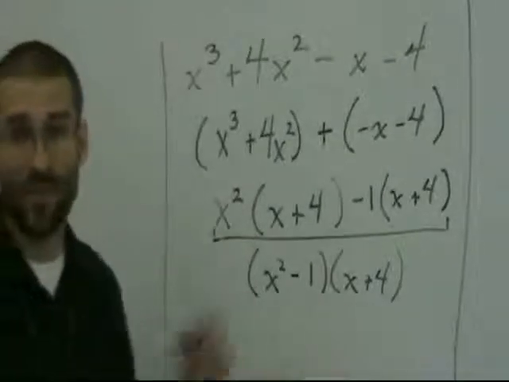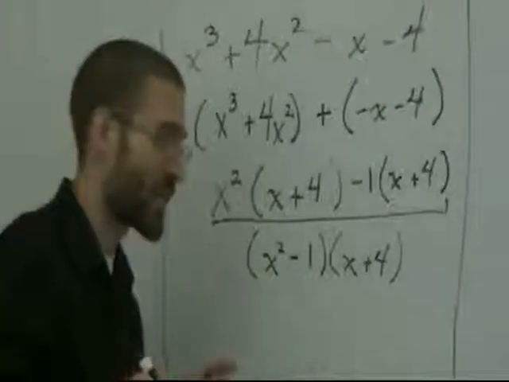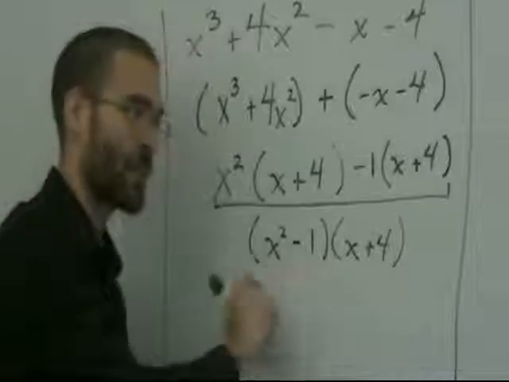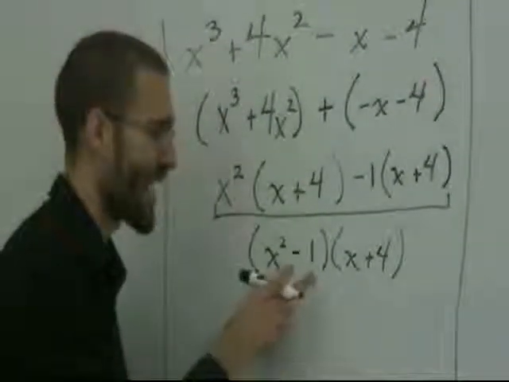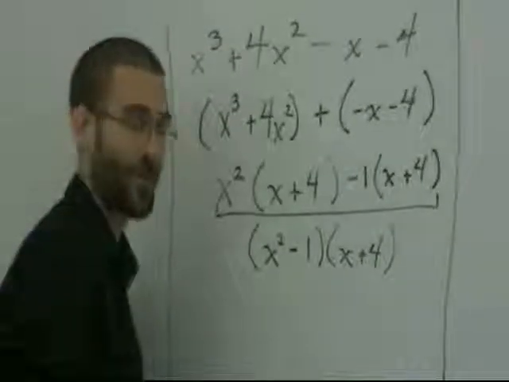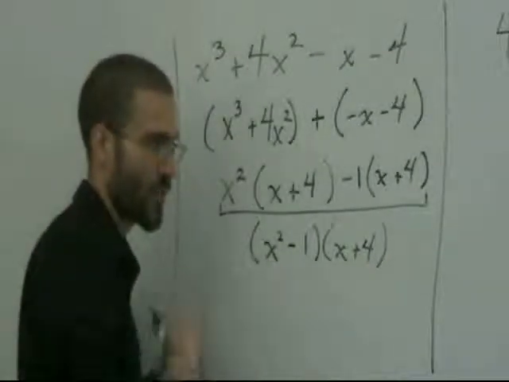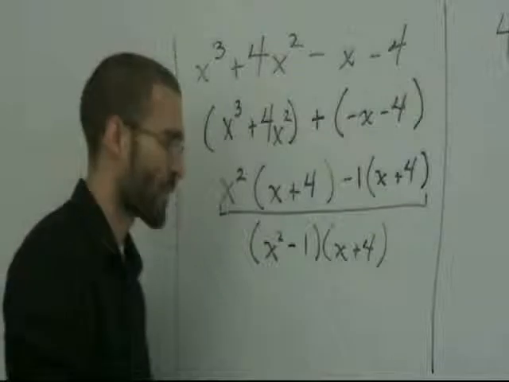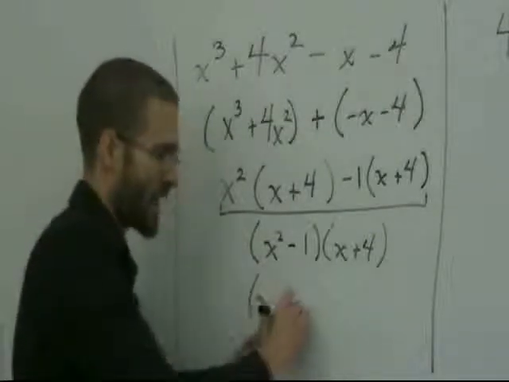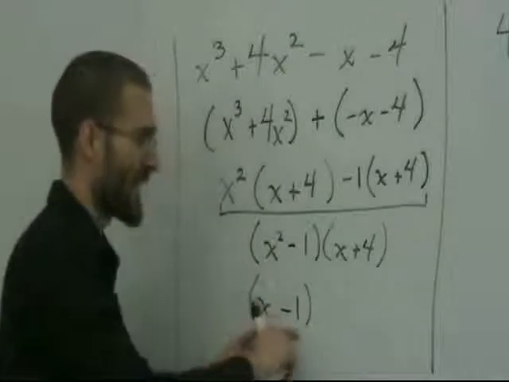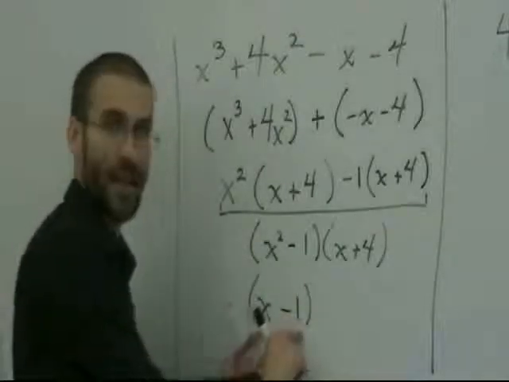Most of the time, most students would stop here, but don't be one of those students because we haven't completely factored this. If you go to one of our other videos, you can see that x squared minus 1 is called a difference of squares because x squared is a perfect square and 1 is also a perfect square. So it factors as x minus 1. The two things that are getting squared show up here and here, x and 1.